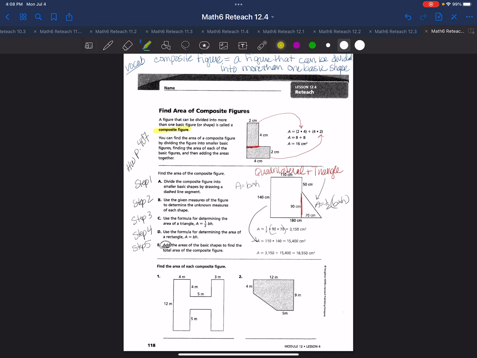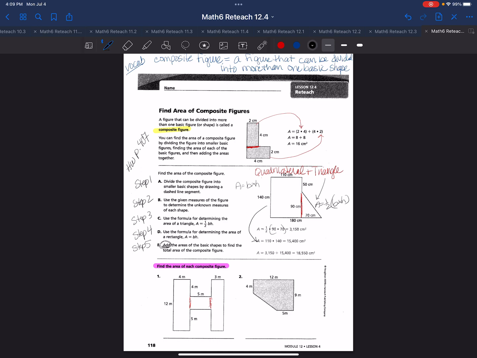Let's do this last problem together. It says find the area of the composite figures. We have 2 more to do. Okay, question 1. That's pretty straightforward because I can see all the quadrilaterals here. So I want to do a dotted line here because I'm going to now separate this shape and I'm going to divide it in 3 basic shapes.